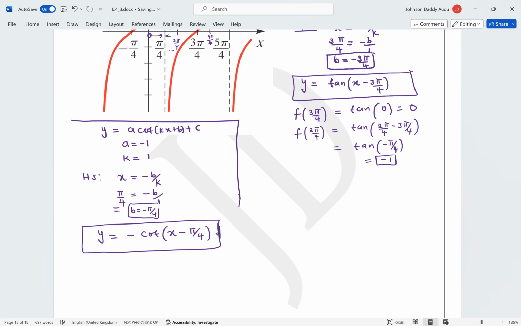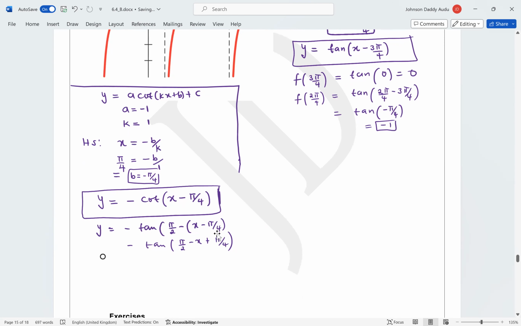This also will work. Now, if you try to take this to tan, what do we get? You'll have minus tan of pi over 2 minus (x minus pi over 4), right? And this is minus tan of pi over 2 minus x plus pi over 4, right? And we see that this and this is going to be 3 pi over 4 minus x.